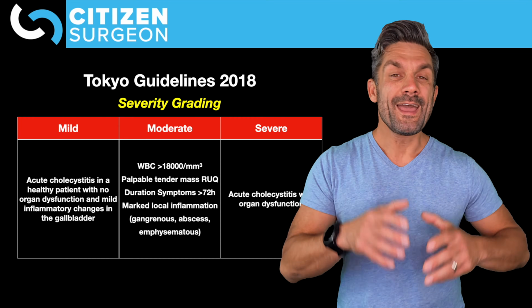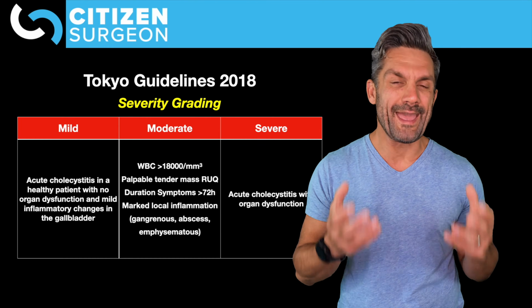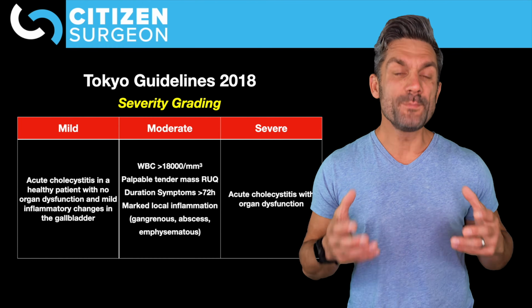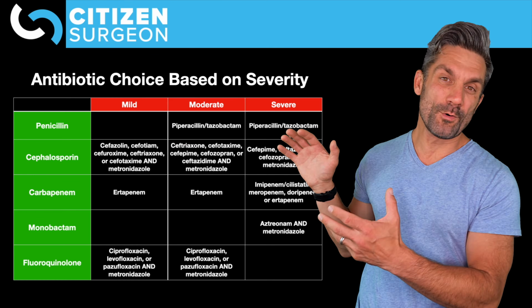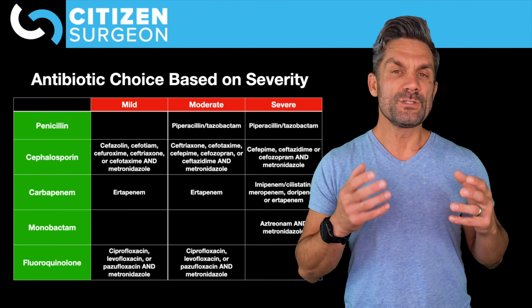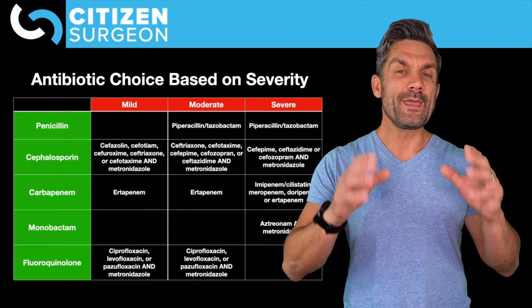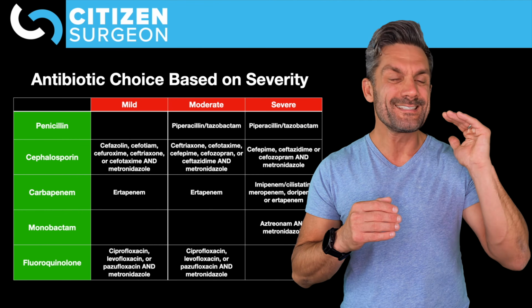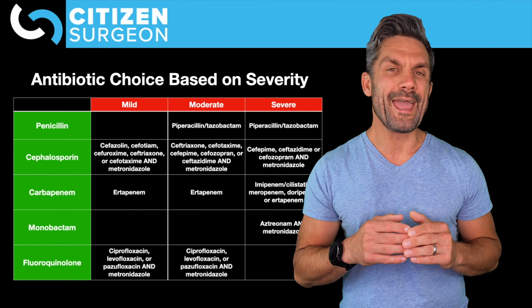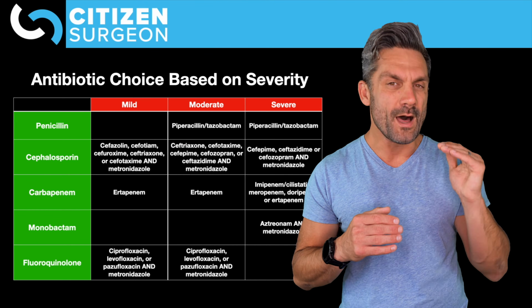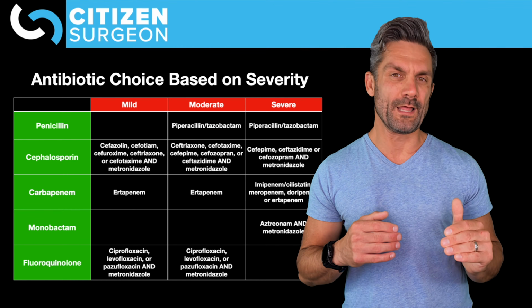Okay, now how does that help us with our antibiotic choice? So it helps us, and we can see it in this table right here. And I'll put the references to where I got this, okay? So we can look at the penicillins. We can look at the cephalosporins. We can look at the carbapenems, the monobactams, and the fluoroquinolones, okay?